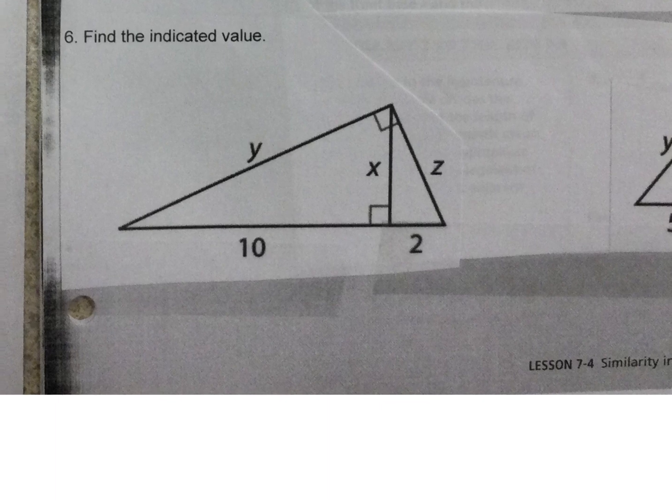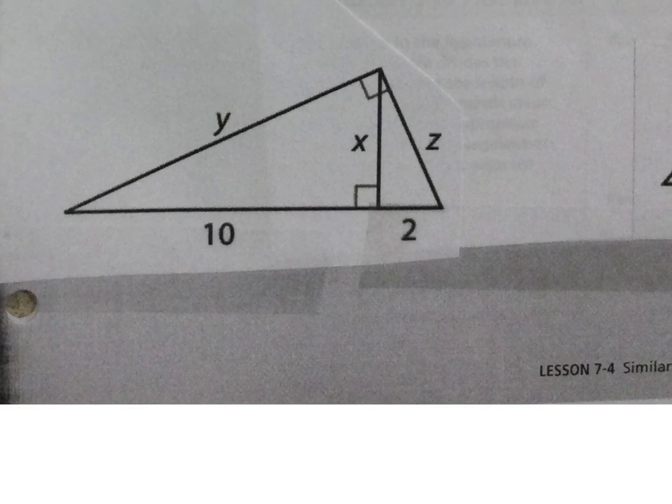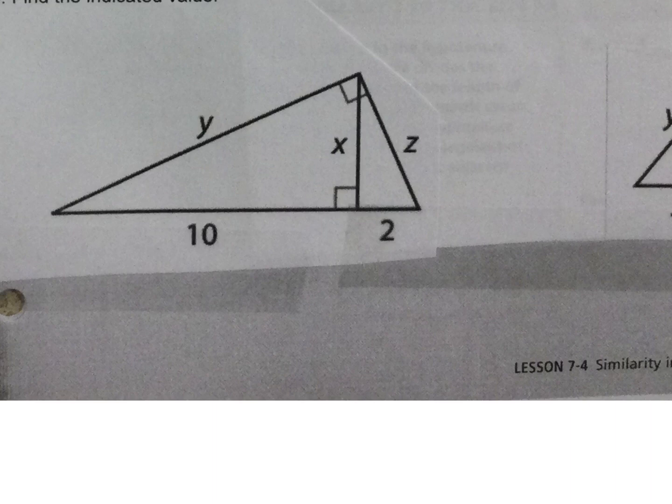Again, the first thing I have to do here is find X. 2 is to X as X is to 10. X squared equals 20, so X equals the square root of 20.